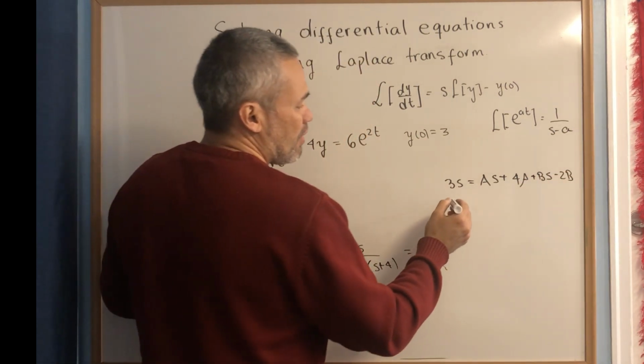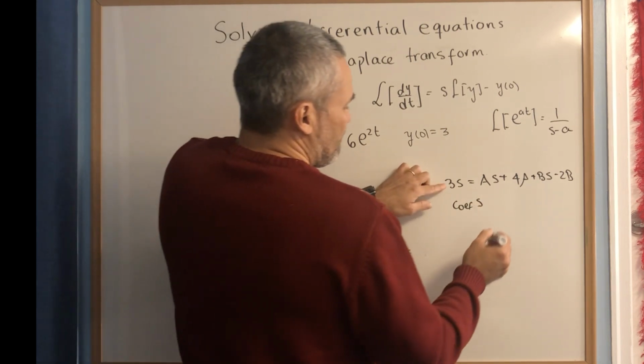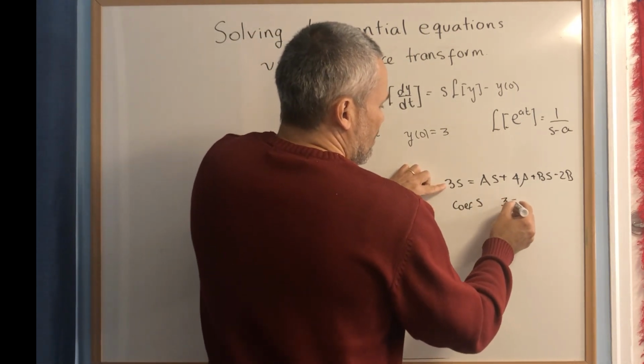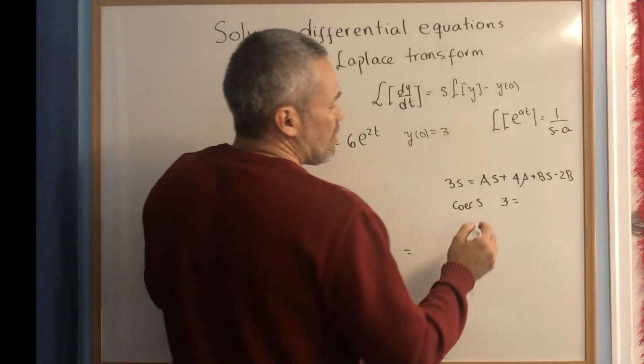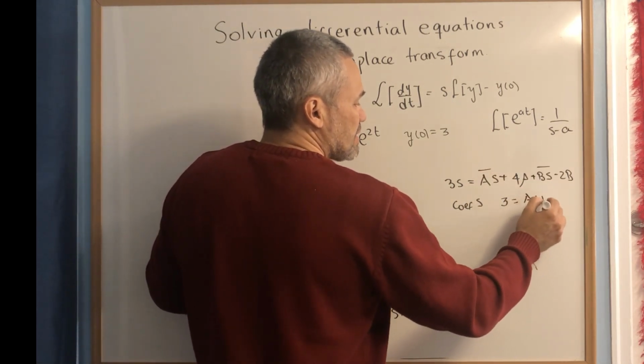Then we compare coefficients. What is the coefficient of s on the left? It's 3. And what is the coefficient of s on the right? Here we have these two, a plus b.